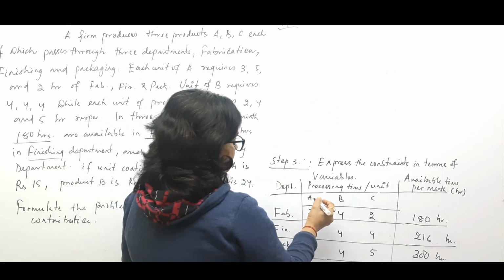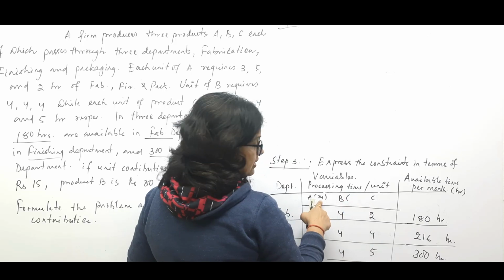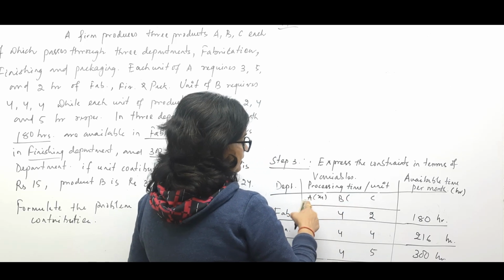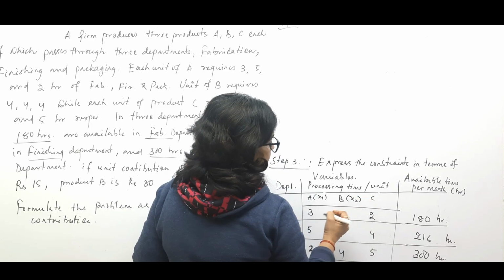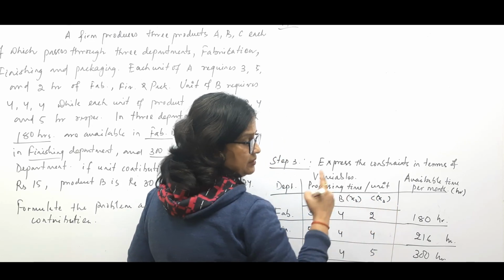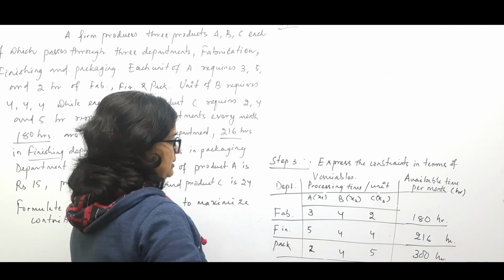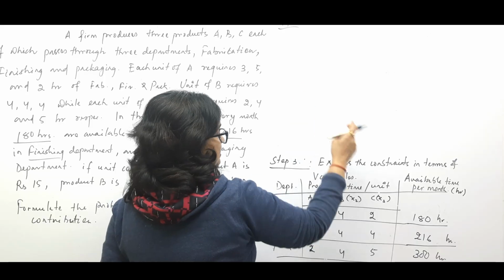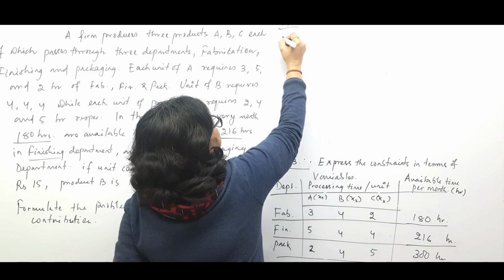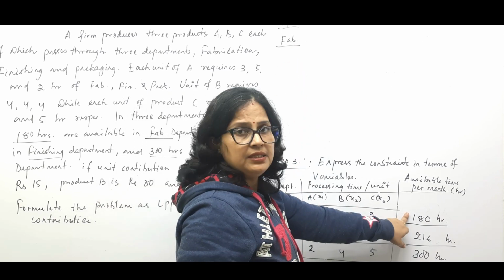We express A as variable x1, because x1 units of A we are manufacturing, x2 units of B we are manufacturing, and x3 units of C we are manufacturing. So how are we going to write it? For fabrication, there is a time limit.